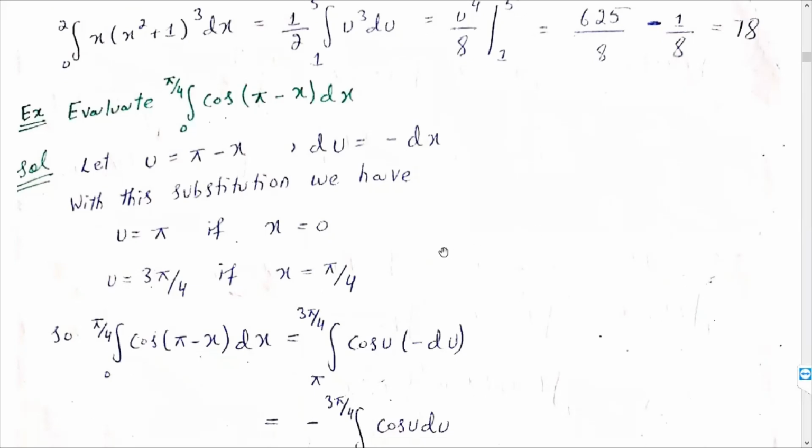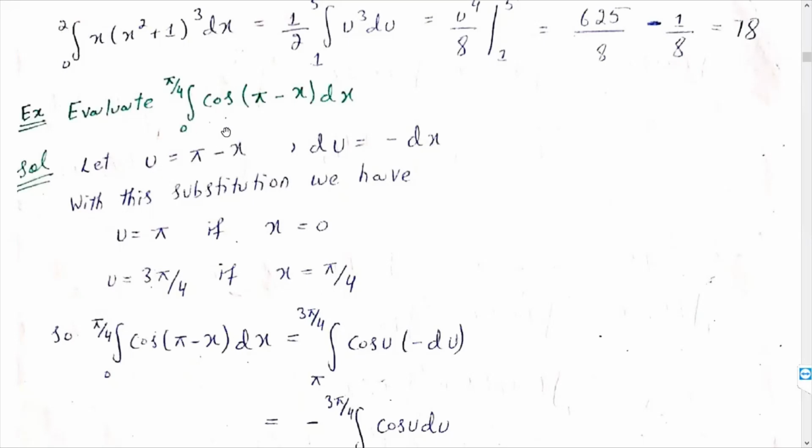Now comes another example. Evaluate the integral from 0 to pi by 4 of cos of (pi minus x) dx. Let u equal pi minus x. Taking its derivative, du equals minus dx. dx is part of the integrand, so substitution is okay. Now changing the limits of integration, if x is 0, the value of u is pi.